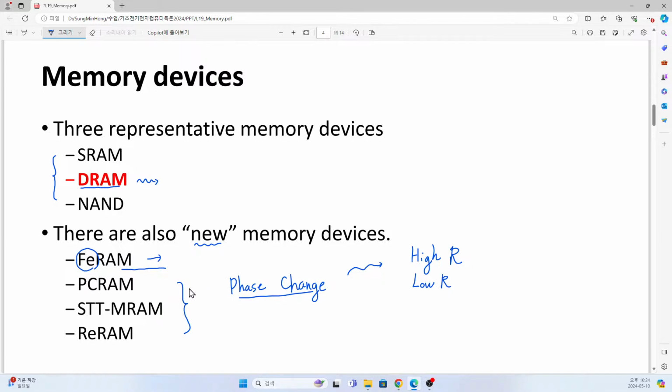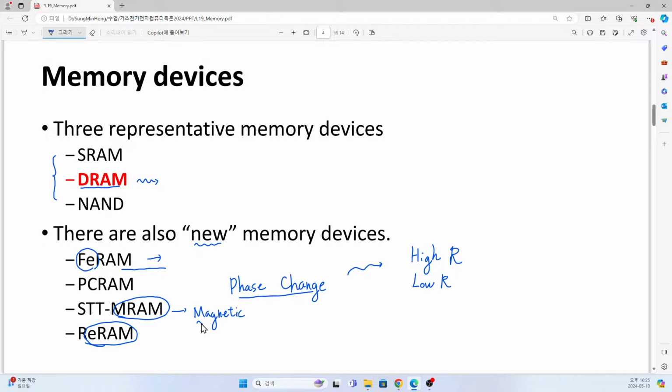That is the PCRAM. And we have two others here, MRAM and RRAM. MRAM means magnetic.